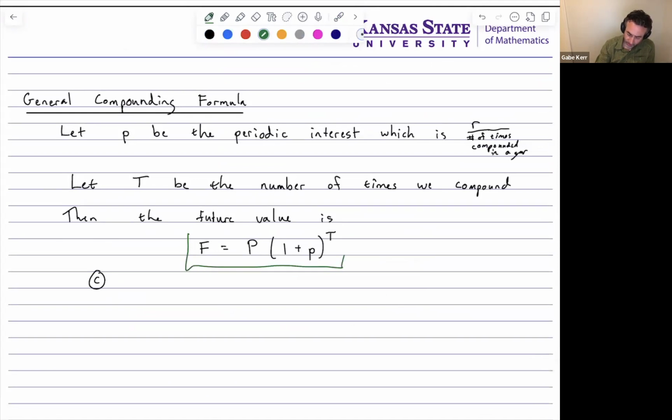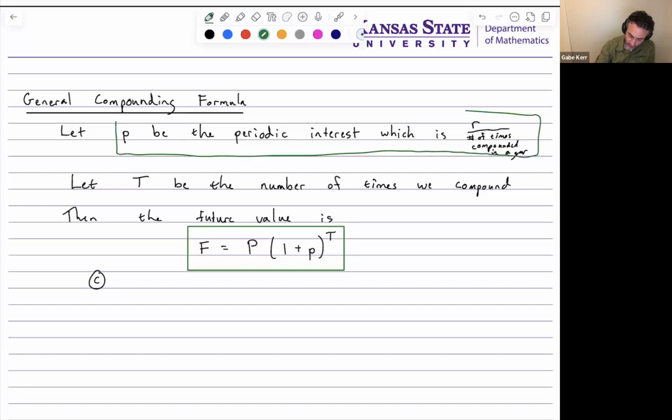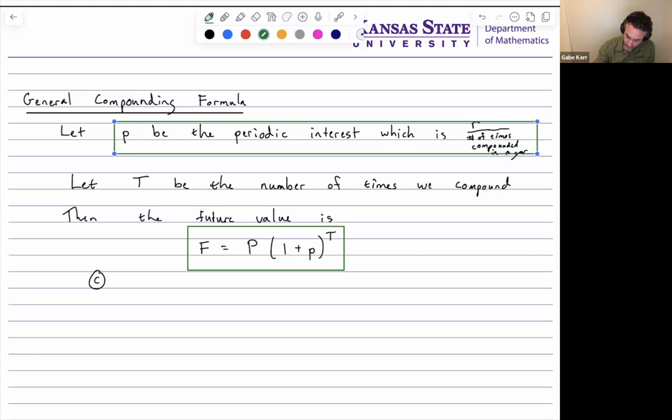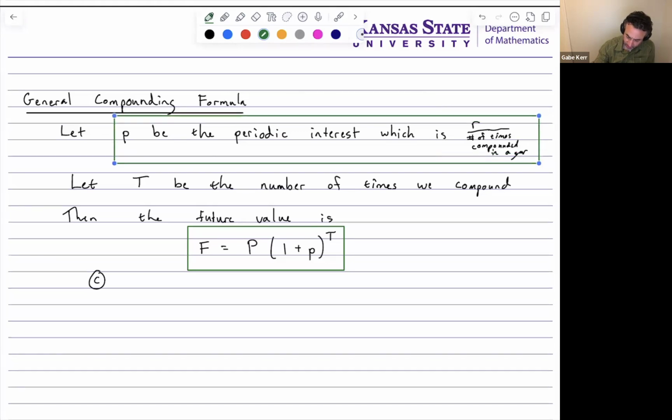If you put this formula in your notes, I would really recommend that you also put in what lowercase p means, so that you don't confuse it with principal or rate, because it's a periodic interest rate. And then put in T so that you know that this T is not lowercase t. This is the number of times that you're compounding.